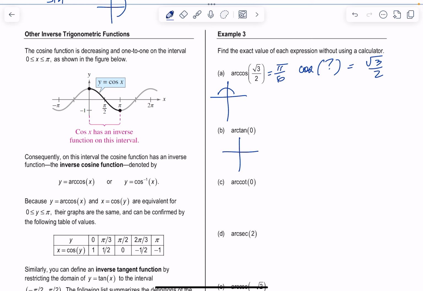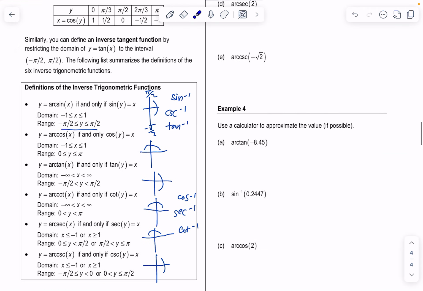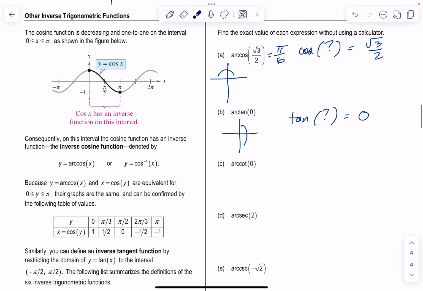For tangent, tangent has a restriction. So tangent of what angle equals 0? For tangent, we're not looking at x. For cosine, we're looking at x, and for tangent, we're looking at y over x.